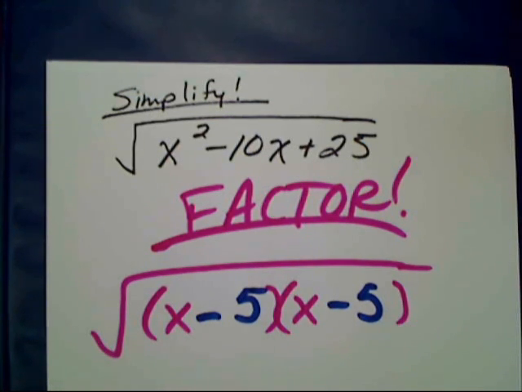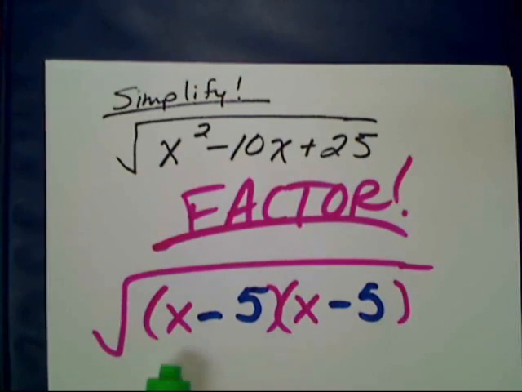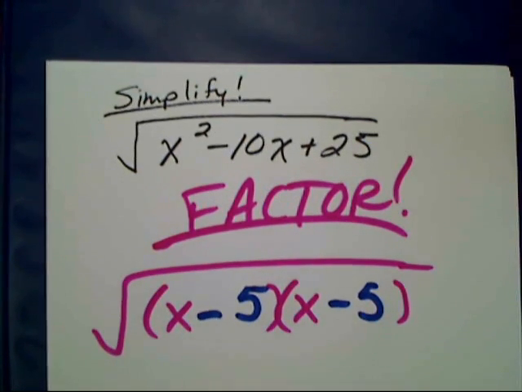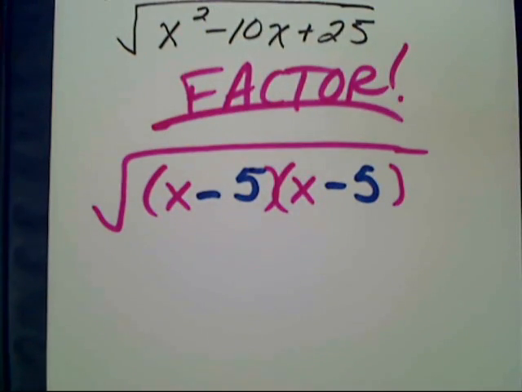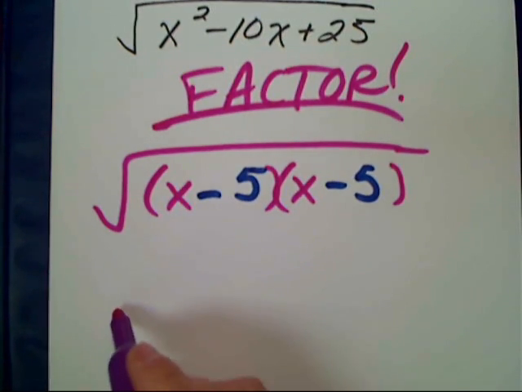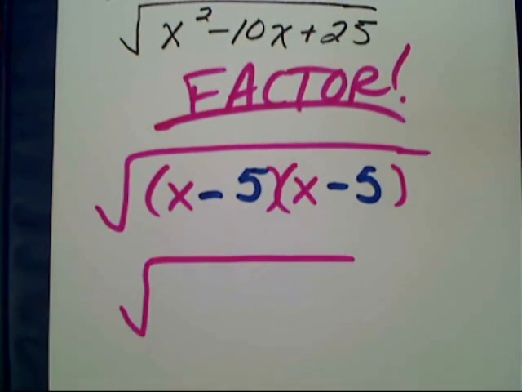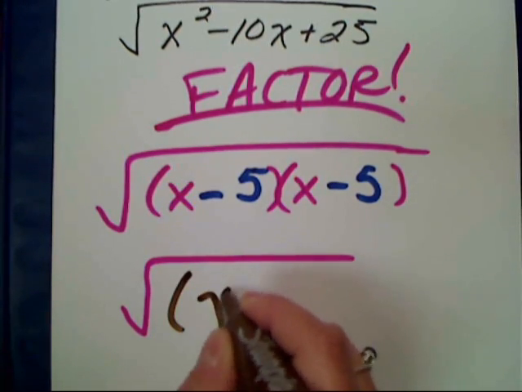The factors are the things that are being multiplied together. So my factors are x minus 5 and x minus 5. What do we notice? They're the same. Anything that's multiplied by itself can be written as what? Now don't lose the fact that you still have the square root. Anything multiplied by itself can be written as a square.